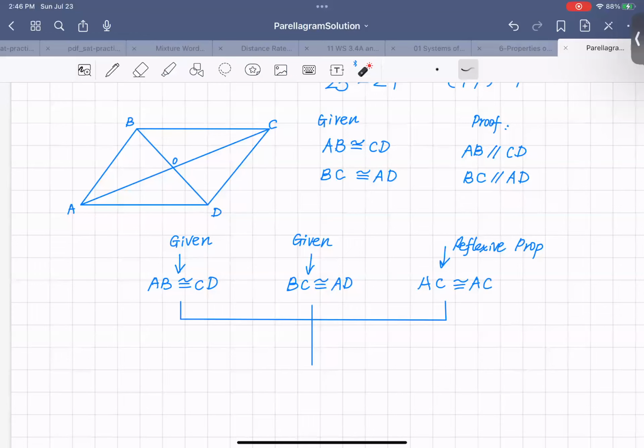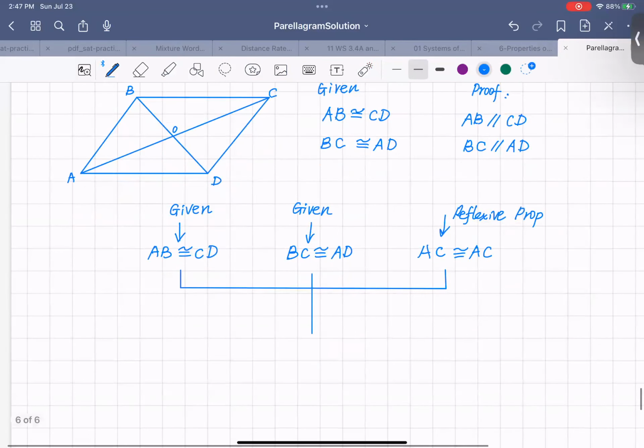There are no two different triangles with the same three sides, corresponding angles equal and corresponding sides equal. That's impossible. The three sides already fix a triangle. So if you have the three sides congruent, these two big triangles share the same line here, so you will have these two triangles congruent.